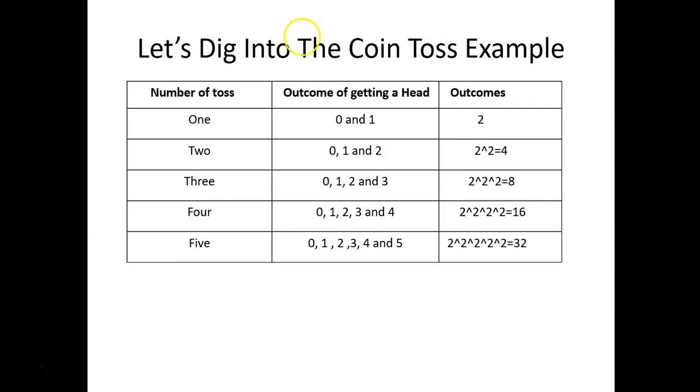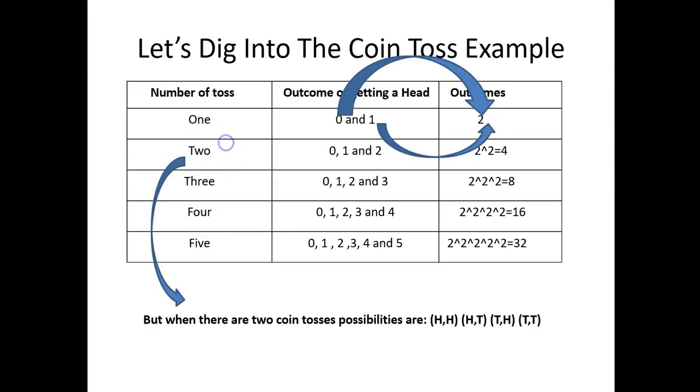So the outcome of getting a head can be 0, 1 and 2. So in our one coin toss example there were basically 2 outcomes, 0 head and 1 head. But in case of 2 coin tosses there are 4 outcomes. What are they? Both are head, 1 head 1 tail, 1 tail 1 head, and both are tail.